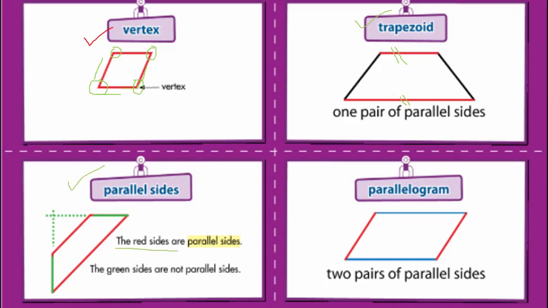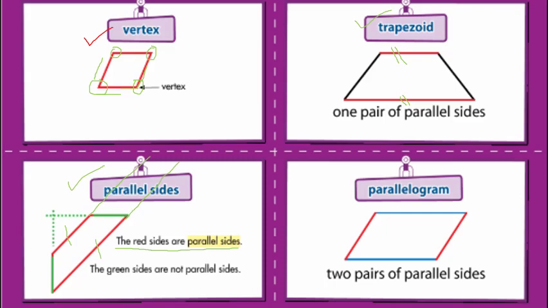The red sides are parallel sides. Why are they parallel sides? Excellent. We have learned in the video that they will never cross each other. They are straight and going parallel. So these are parallel sides.